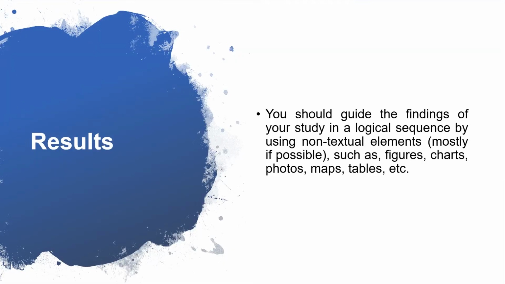You should guide the findings of your study in a logical sequence by using non-textual elements such as figures, charts, photos, maps, tables, etc. You can start writing your result by stating in brief what all you have done, just to form a rhythm for your result.